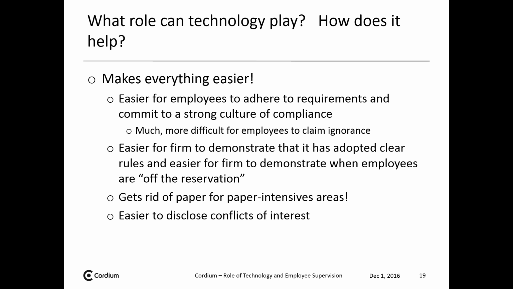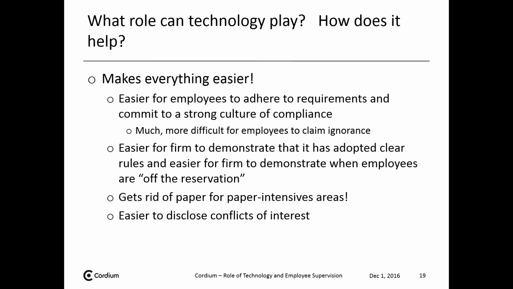So let's say if I have accounts at 20 different firms and I've got to call 20 different firms and prepare 20 different letters to get them to send loads of paper statements, or I have to bring my paper statements and input all this data about where I'm trading, it's a lot easier for me to go on an application and automatically link my firm to my compliance or employee supervision program and have that data go in. It takes me 5 minutes on each one, or a minute on each one, or 10 minutes, whatever it is.